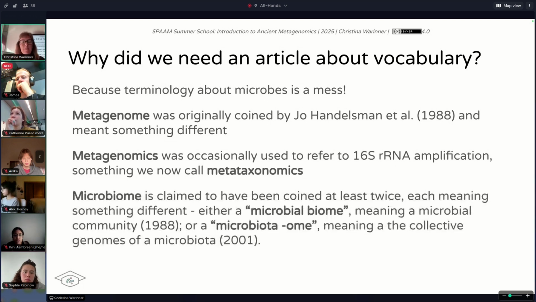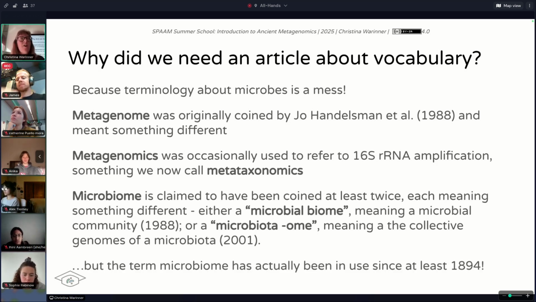And microbiome is claimed to have been coined at least twice, each meaning something different. Either meaning a microbial biome, meaning a microbial community, which was defined in 1988, or a microbiota-ome, meaning the collective genomes of a microbiota, in 2001. But the term microbiome actually appears in the scientific literature since at least 1894, in different places, in different contexts.